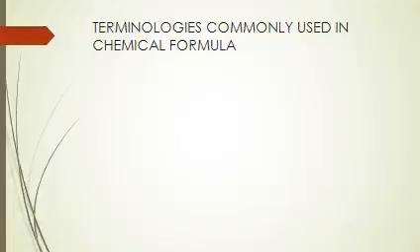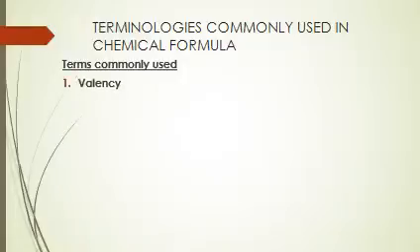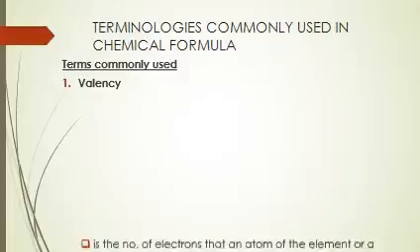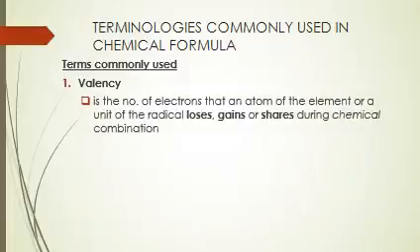But before going into details on how to write a correct formula, we need to define some terminologies commonly used in a chemical formula. So one of the terminologies used is valence. Valence is defined in different ways, but here with us we have only 2. So valence is defined as a number of electrons that an atom of element or a unit of radical loses, gains, or shares during chemical combination.